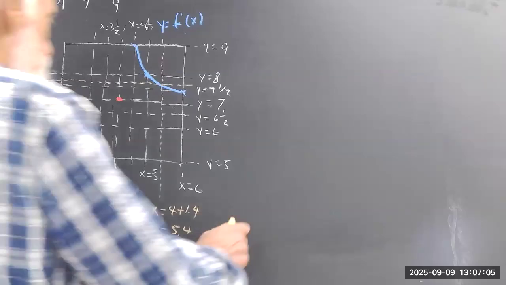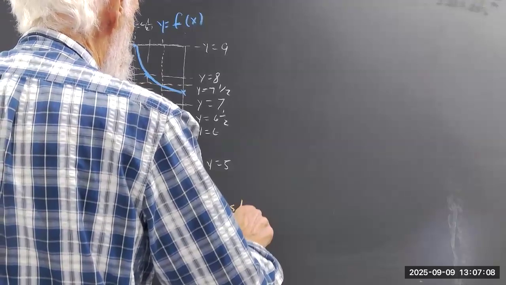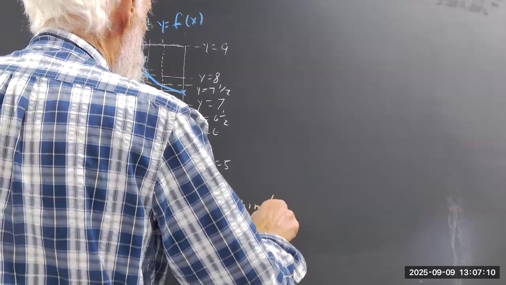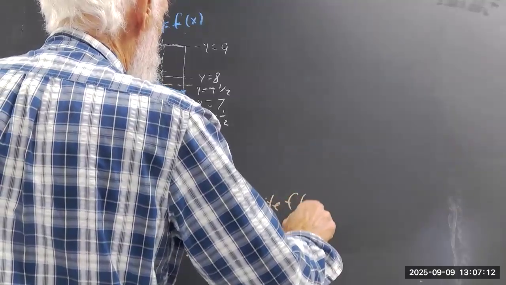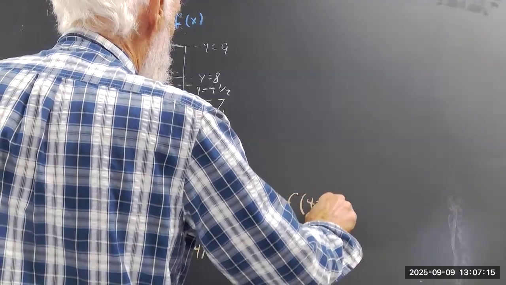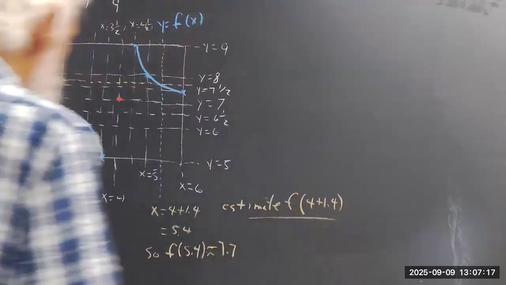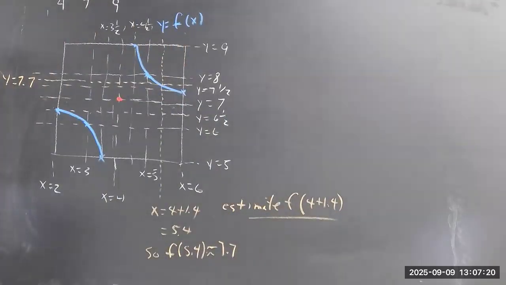So this comes from estimate f of 4 plus 1.4. We want to now estimate the solution of y equals, it was b plus 3.